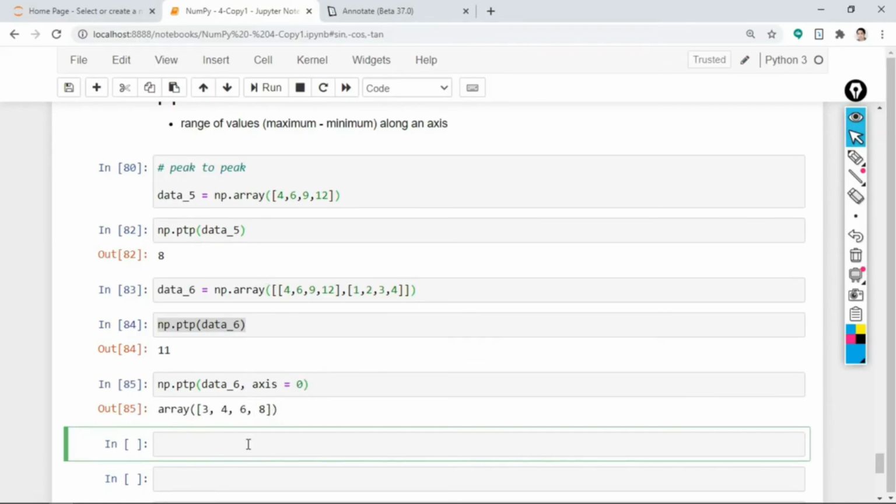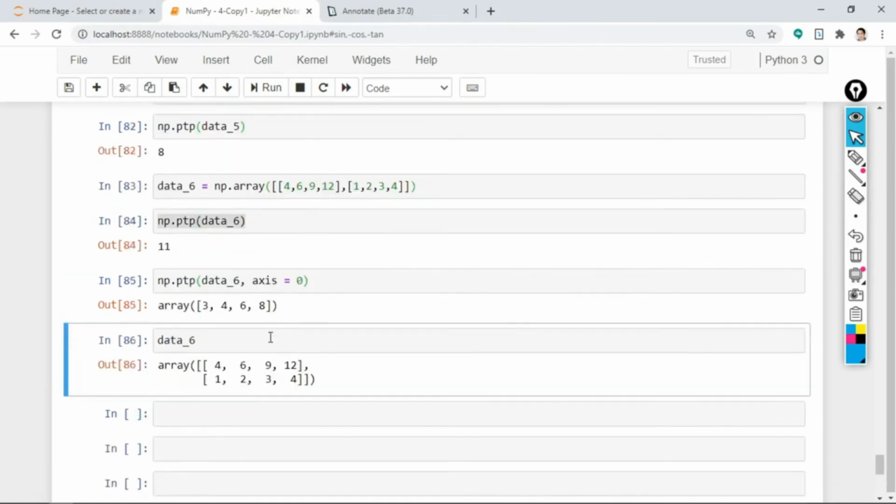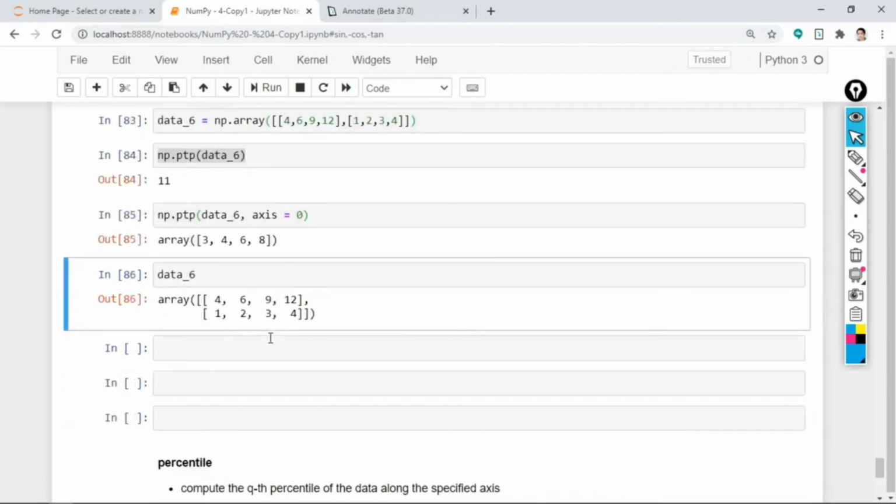So for example, we have data 6. 4 and 1: 4 minus 1 is 3. 6 minus 2 is 4. 9 minus 3 is 6. 12 minus 4 is 8. It's the highest against the lowest, so that's the equivalent of the range.